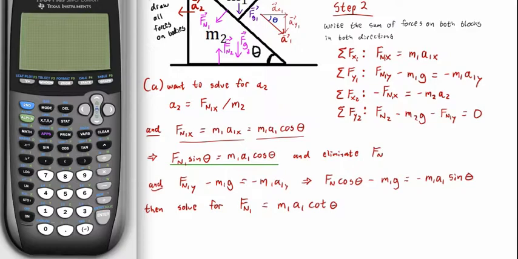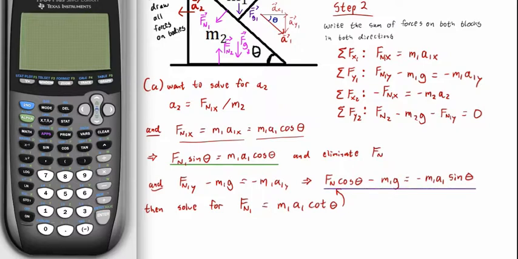That's just taking cosine over sine. All right, and that gives us our cotangent. However, we then need to plug that into the equation here. So we're going to take that Fn, which we got from the green equation, and plug it into our purple equation here.